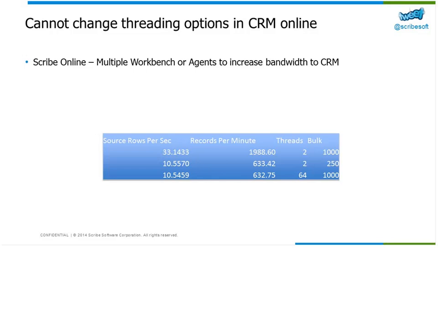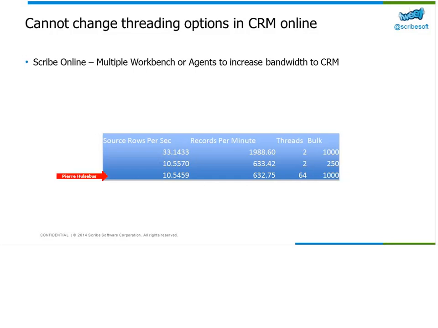I just pulled this out of a little testing thing that I had done, this little table down here, and let me explain it to you. Dynamics CRM has what we call multi-threading, and Scribe can take advantage of multi-threading up to 64 threads at a time. If I look at the row on the bottom, I turn my threading all the way up, my bulk setting all the way up to 1,000 and my threads to 64, I'm getting in this environment about 600 records a second.